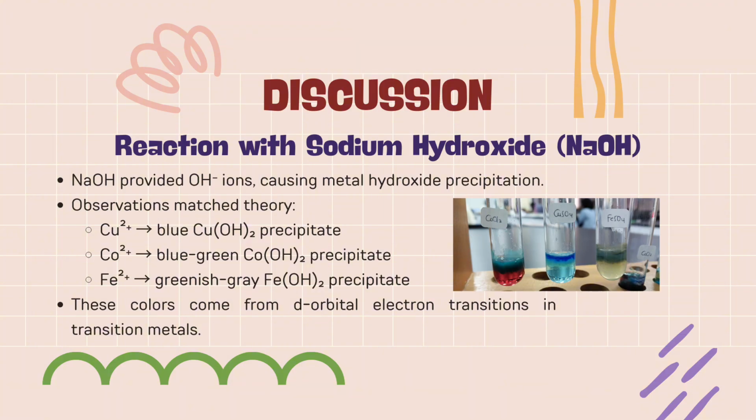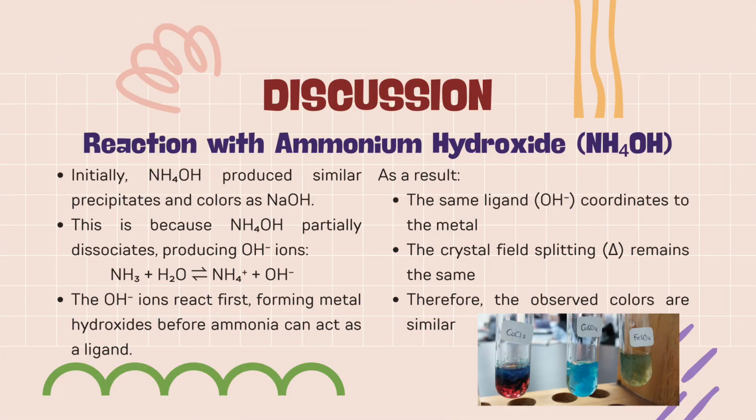As you can see in the pictures, copper 2+ produces a blue precipitate of copper(II) hydroxide, cobalt 2+ formed a blue-green precipitate, and iron 2+ formed a greenish-gray precipitate. These results are consistent with the expected behavior of transition metals, where the partially filled d orbitals give rise to characteristic colors.